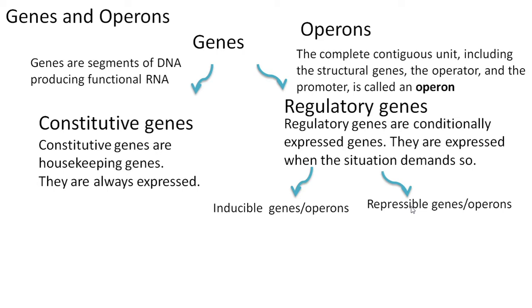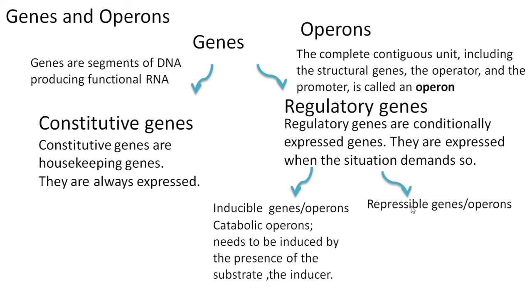So earlier they were in switch off mode. For example, in case of Lac Operon, which is an inducible operon, the inducible operons are also catabolic operons because they usually catabolize certain substrate, for example, the lactose. So when lactose is absent, the operon remains in switch off mode. When lactose is added, it is switched on. We will see it in our later slides.